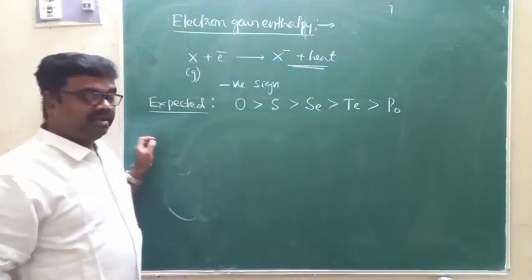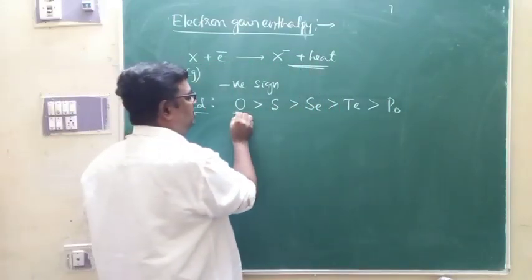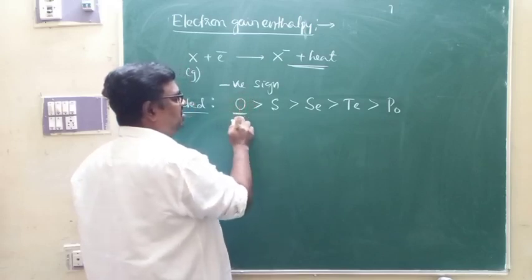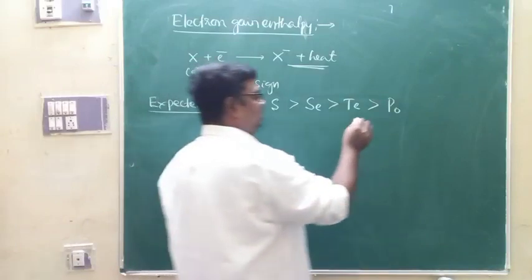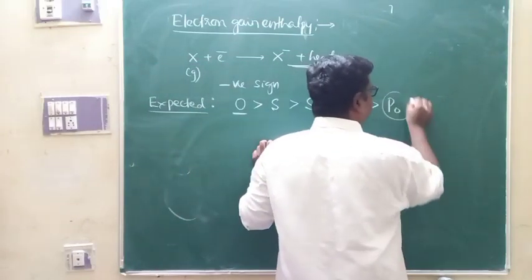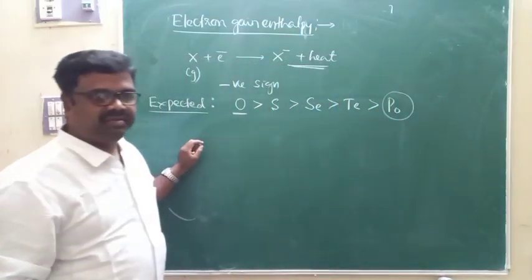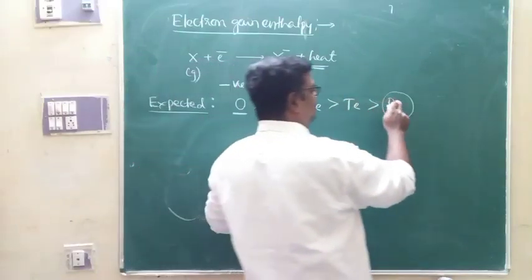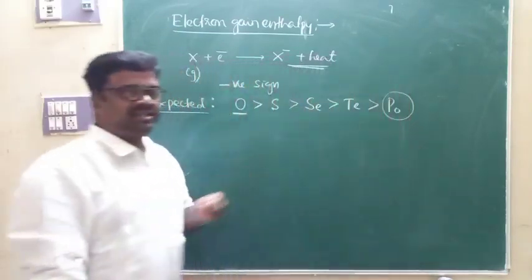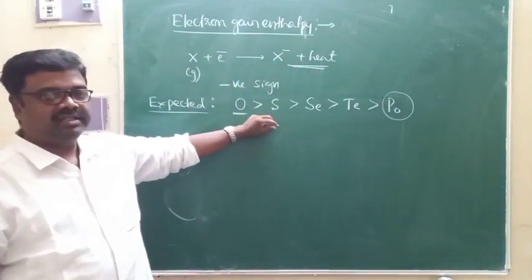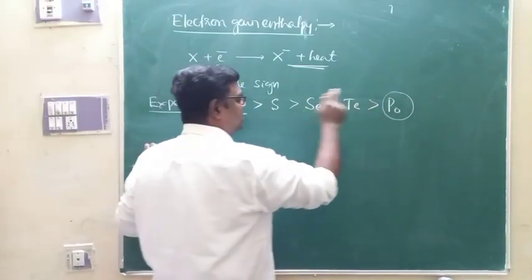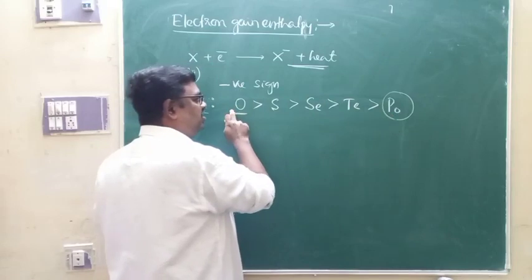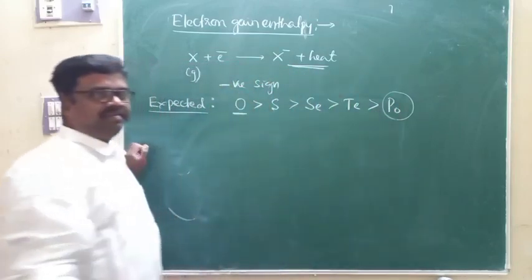That is, due to the small size of oxygen, we expect oxygen to have the highest electron gain enthalpy, whereas polonium, being the biggest atom in the group, is expected to have the least. This is what we call the expected trend. From oxygen to polonium, atomic size increases, therefore electron gain enthalpy decreases.